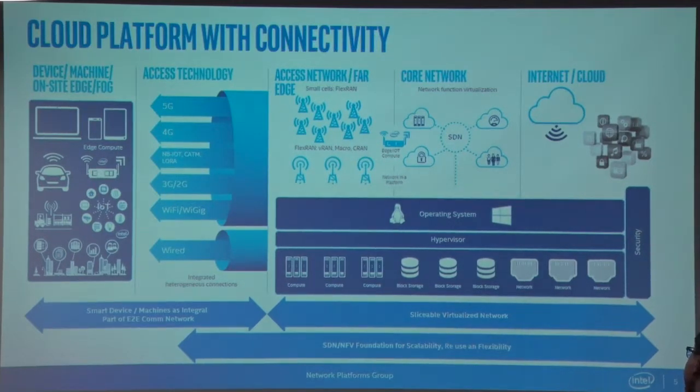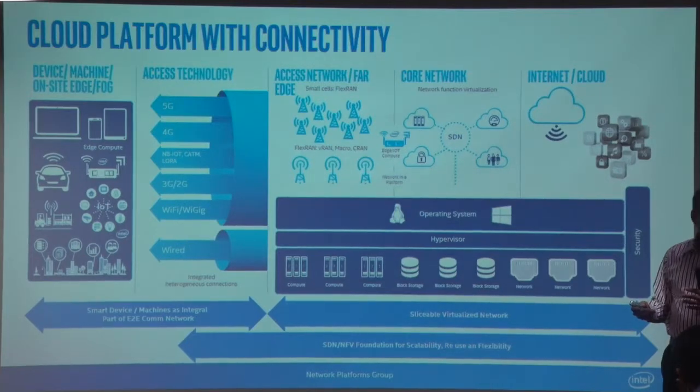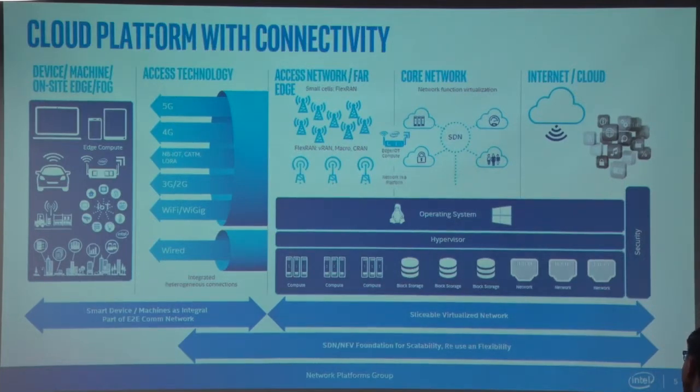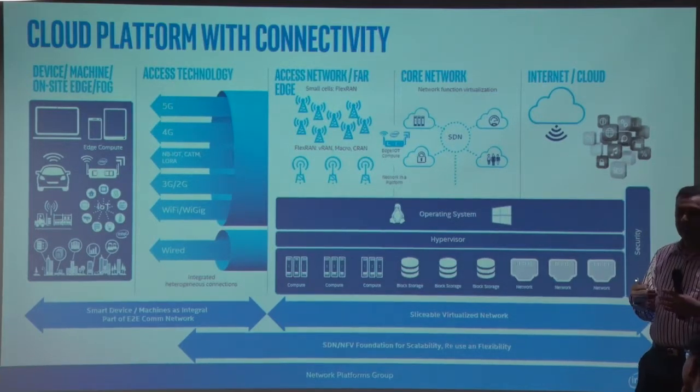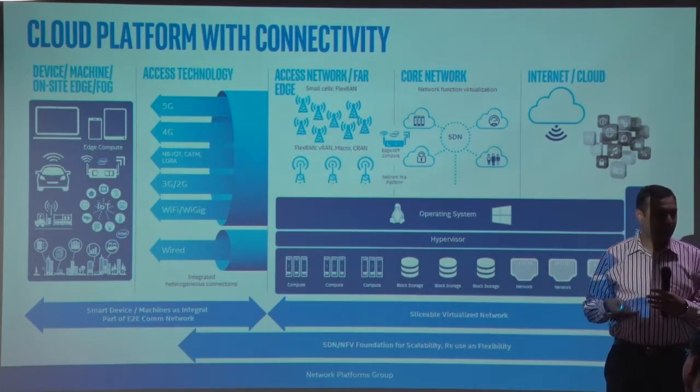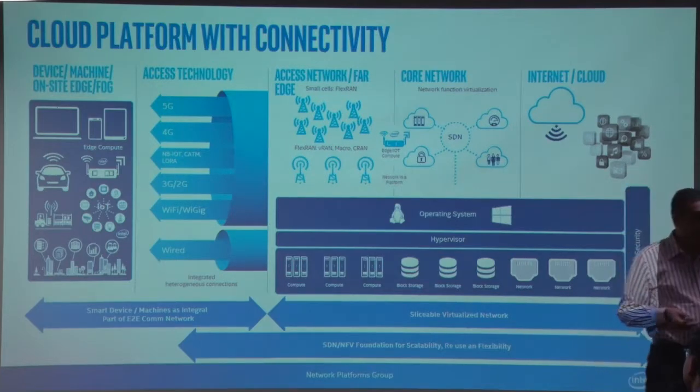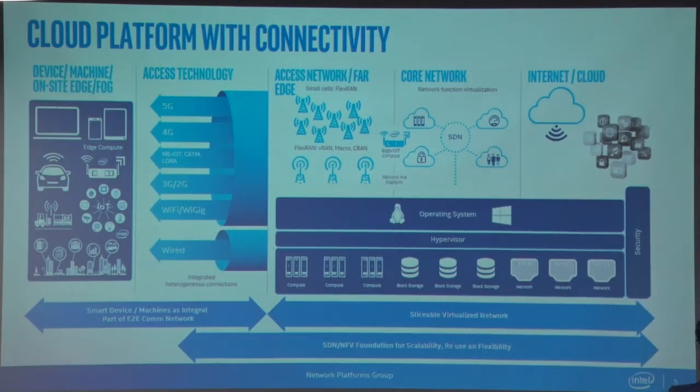When we look at these devices, there is a vast variety of classes of devices, and we have different classes of access technologies, whether we talk about LTE or 5G. We are looking at 5G, but we don't think LTE is going to go away anytime soon. So we are going to have those technologies, and along with that, other radio access technologies such as NB-IoT or CAT-M for IoT class devices, and other technologies such as Wi-Fi and WiGig.